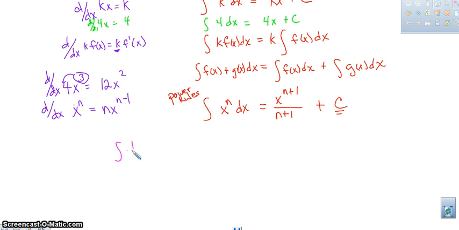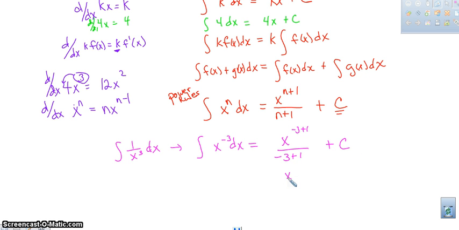If you have 1 over x cubed dx, you're going to integrate 1 over x cubed dx. I'm going to rewrite that as the integral of x to the negative third dx. To get my answer, I'm going to use the power rule. I'm going to have x to the negative 3 plus 1 divided by negative 3 plus 1, plus c.